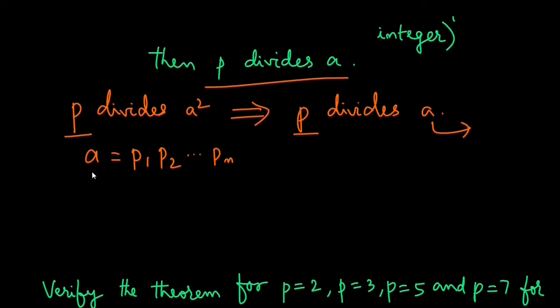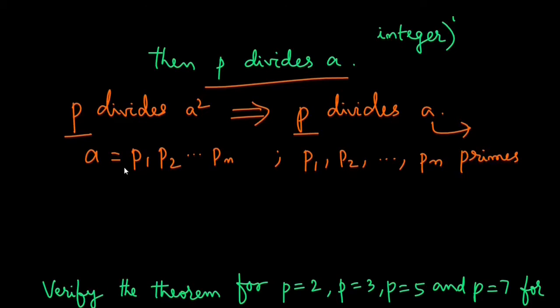If a is a composite number, the prime factorization for a may be p1, p2, etc. up to pn, where p1, p2, pn are prime numbers. They may be repeated.